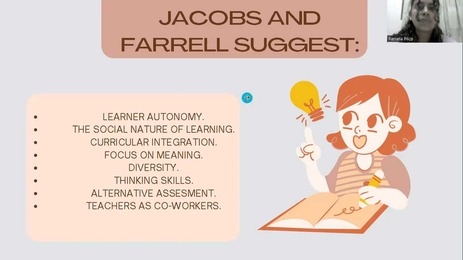We need to be more flexible and let the students take part in the learning process, and be more responsible for their own learning.